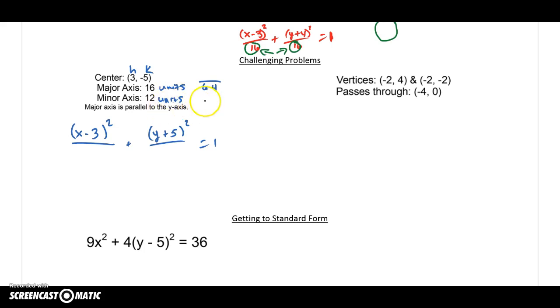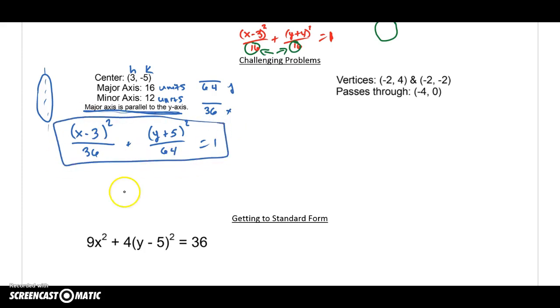If it's 6 in either direction, 6 squared is 36, so my other denominator is going to be 36. This tells you where the bigger number goes. My major axis is parallel to the y-axis, which tells me it's going to be stretched vertically, which means 64 goes with y, and 36 goes with x. So it would be over 64 for the y plus 5 and over 36 for the x minus 3.